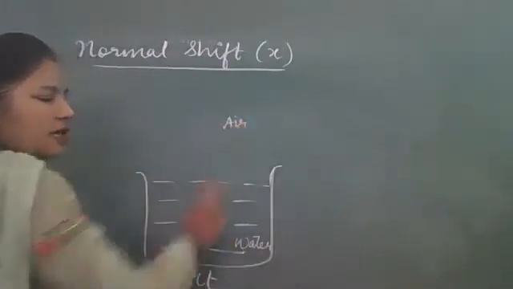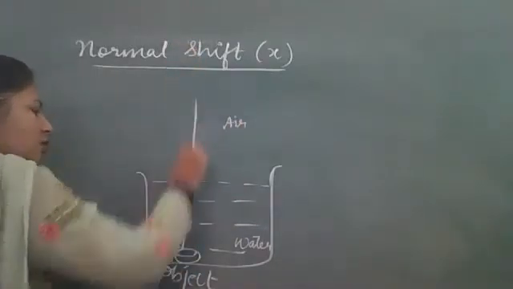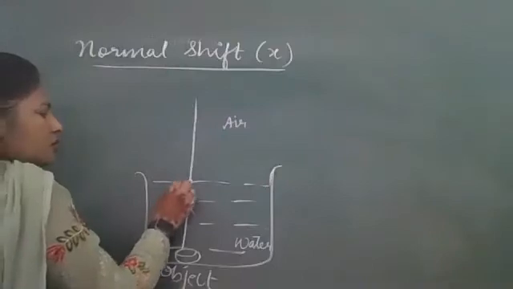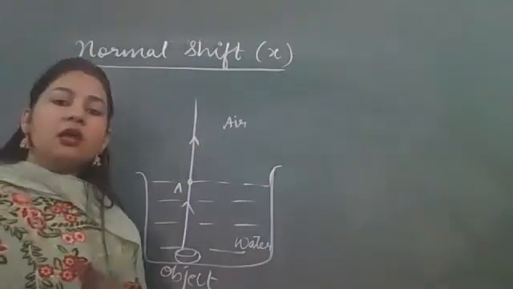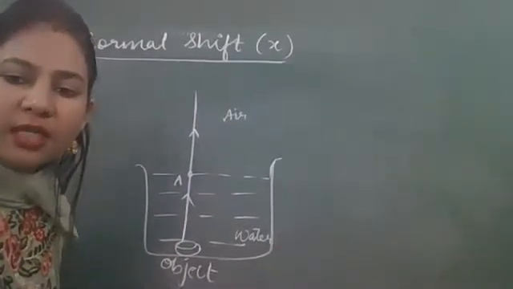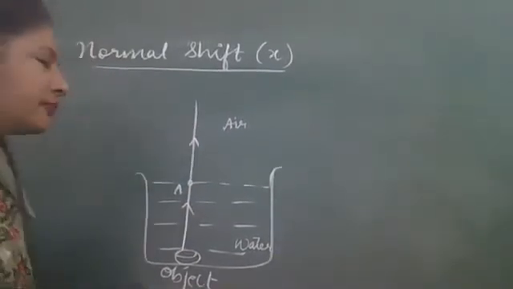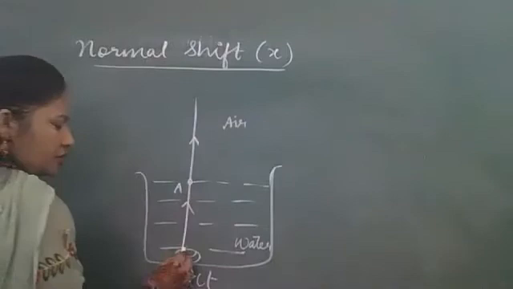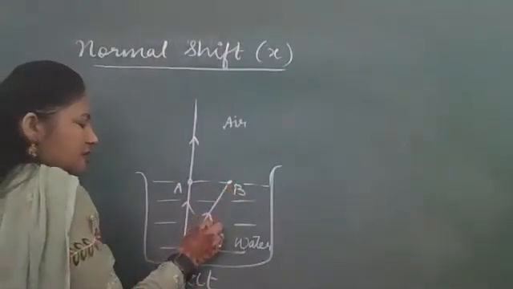Let us take one ray which is going normally. It will go unbent, because we know that for normal incidence, no bending takes place, no refraction takes place. So it will go straight.